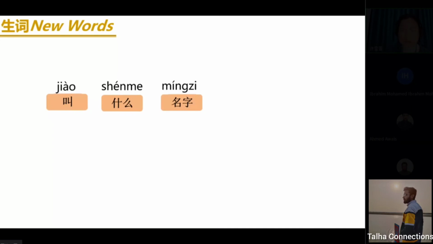Yeah, the question is used to ask one's name, similar to what's your name or what name are you called? So, 你叫什么名字.